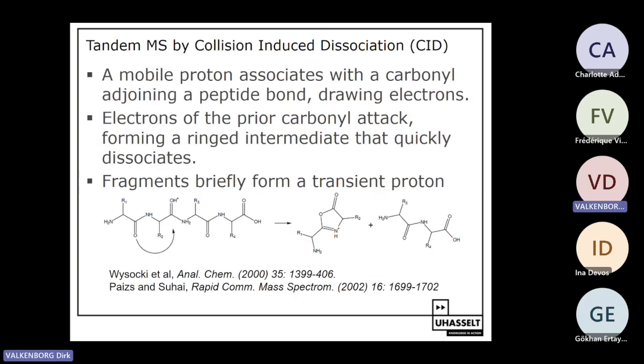This is a very interesting process that has only recently been described by Vicki Wysocki and Bela Paizs in two manuscripts. It is a complicated chemical process where a mobile proton will attack one of these bonds and then cause a break between these two peptide bonds.